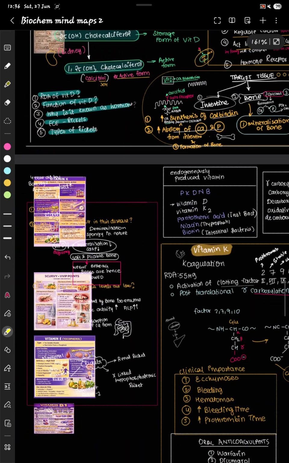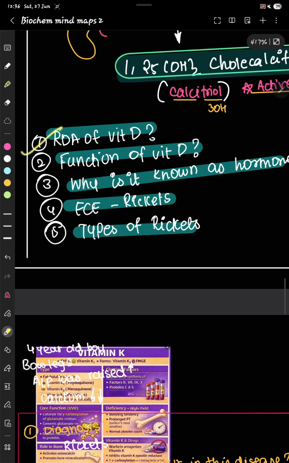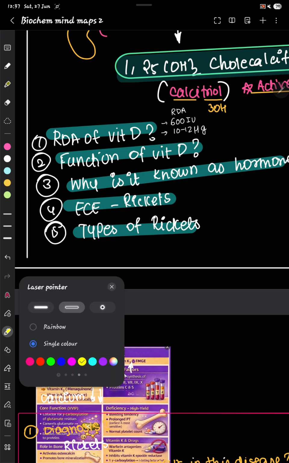Now the first question is answered: 600 international units, or 10 to 12 micrograms.